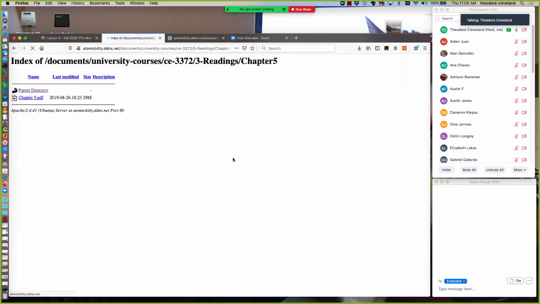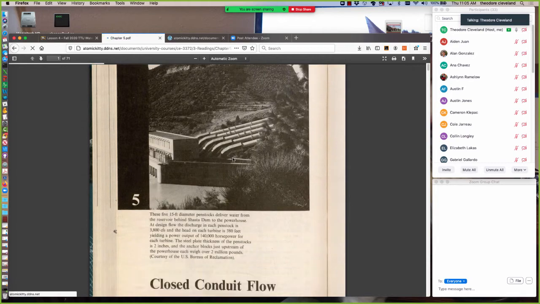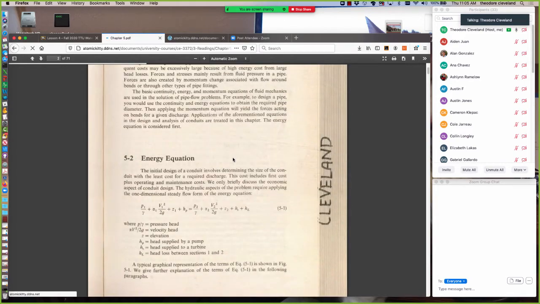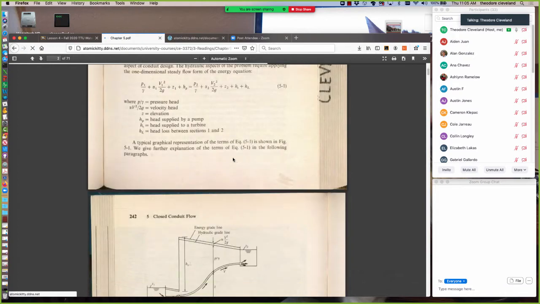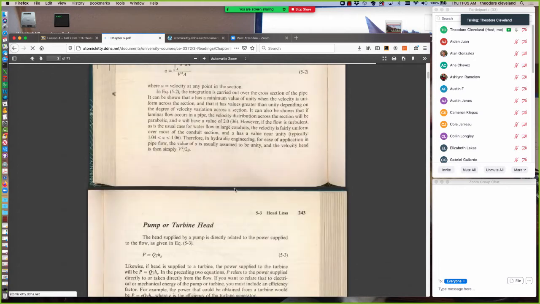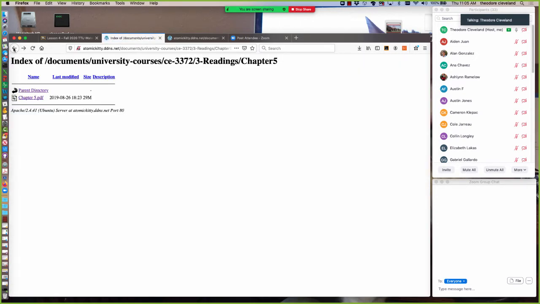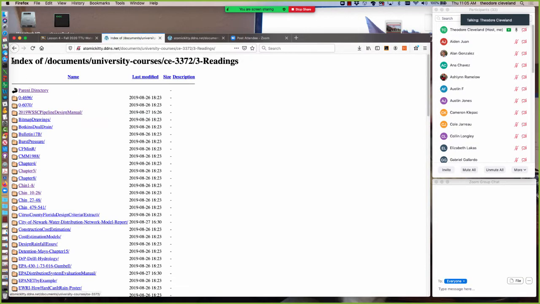And back from when I was in school, the world was sepia, a whole chapter on closed conduit hydraulics. You will actually recognize some of the pictures. This chapter is also good reading material to refresh your memory on these particular concepts.